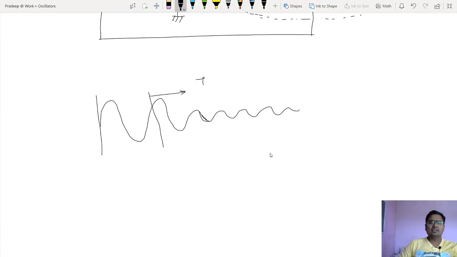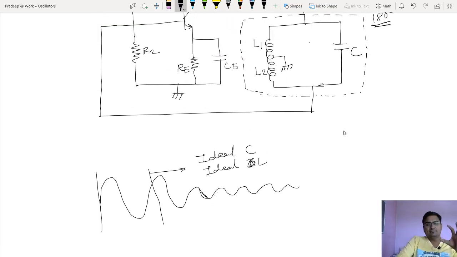Because we never use an ideal capacitor or an ideal inductor. The capacitor and inductor that we are using in the tank circuit are not ideal. If they were ideal, then obviously there would be sustained oscillations and the output voltage magnitude would never go on decreasing.